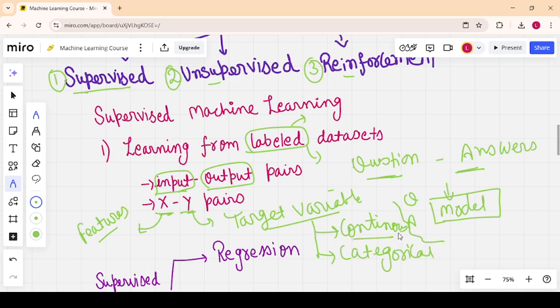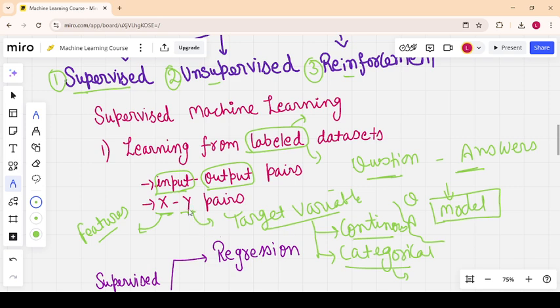Continuous means it may be an infinite value, any value. Categorical means we have finite values, like choosing a color from a list of colors. We have very few options to select from, but in continuous we have infinite values.